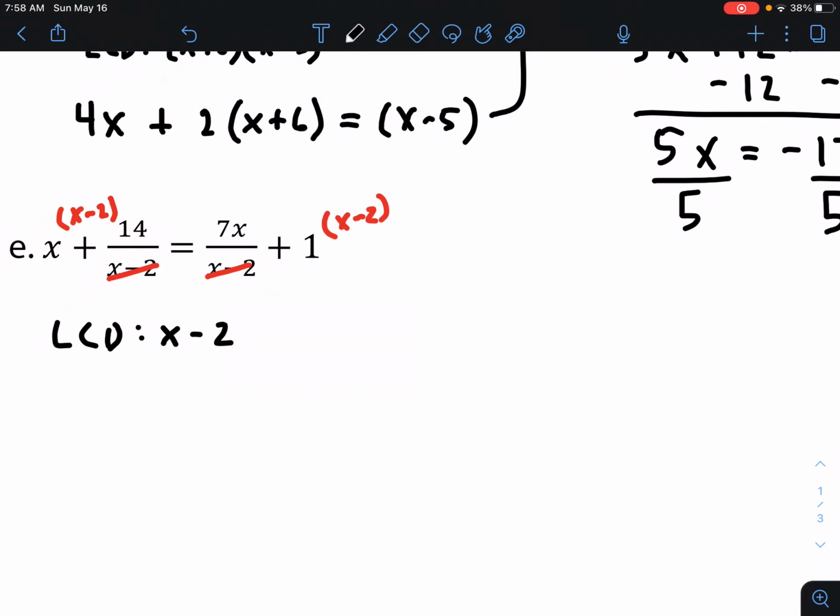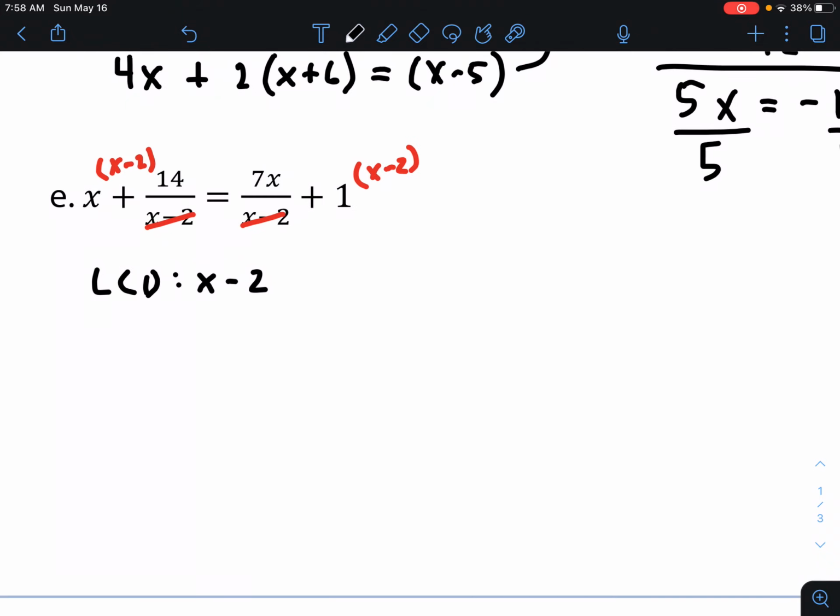So the first one we end up with, I'm going to write down here so there's a little more space: x times x minus 2 plus 14 equals 7x plus, we don't need to write that 1. When it's plus 1, we don't need to write it, so I'm just going to say plus x minus 2.